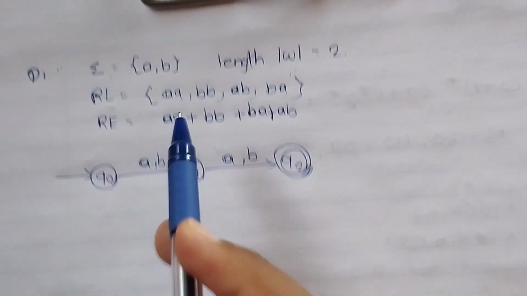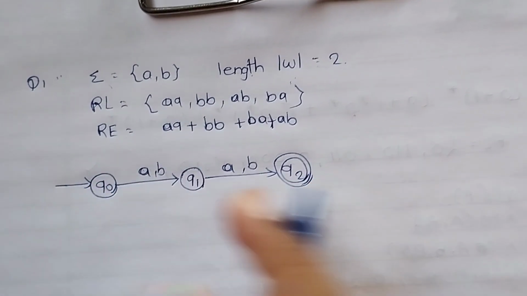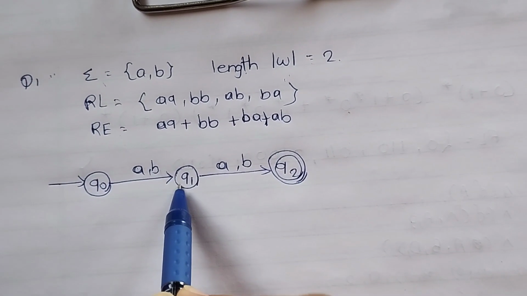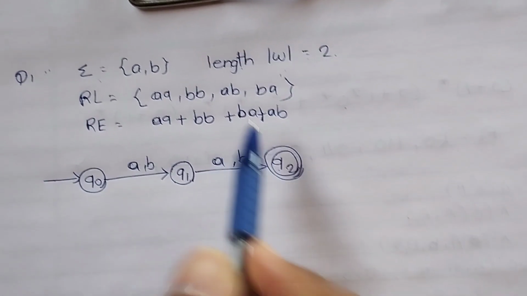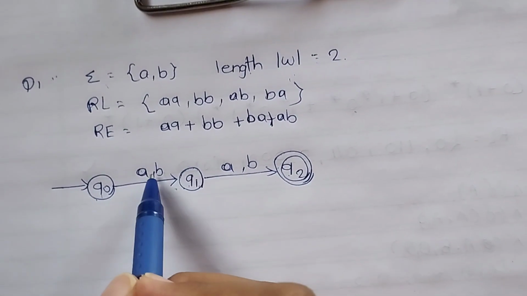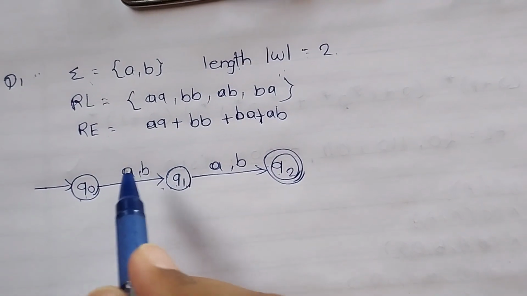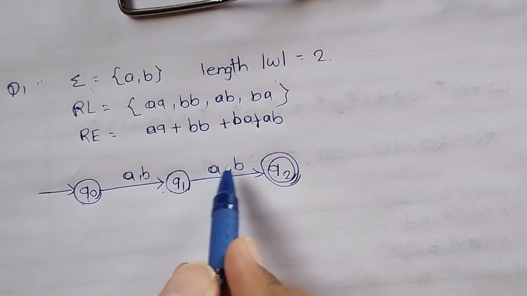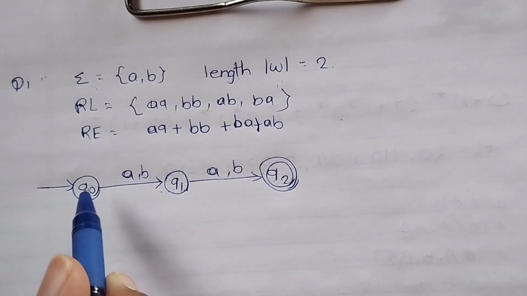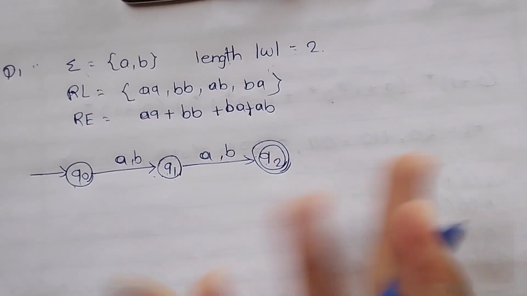Let's check whether all our strings are completed in this DFA or not. First AA comes: A transfers to q1, and q1 transfers A to q2. Then BB, then AB, first A. From q0 we transfer A or B, first A to q1 and then again A or B to the next state.